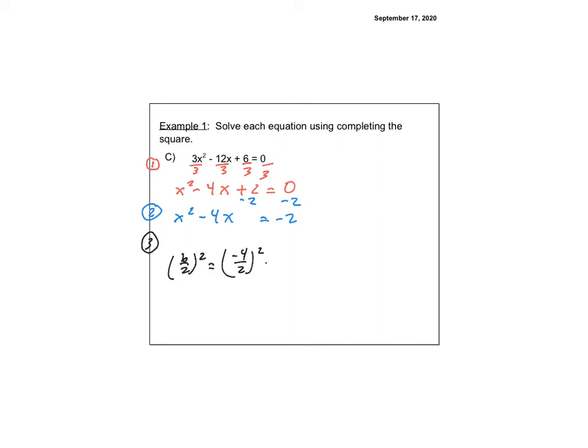So negative 4 divided by 2 there is negative 2, squared is 4. So coming back up here, we've got x squared minus 4x plus this 4 right here equals negative 2 plus that 4 there. So see how I added 4, that b divided by 2 squared, to both sides.